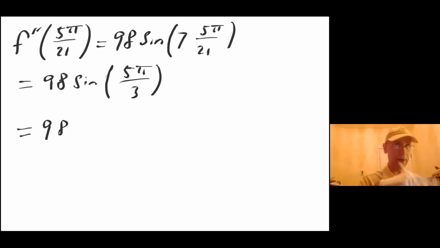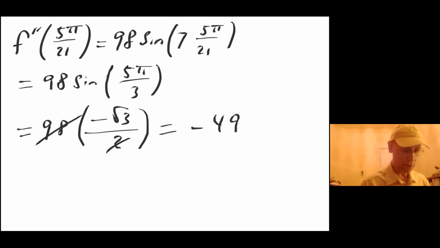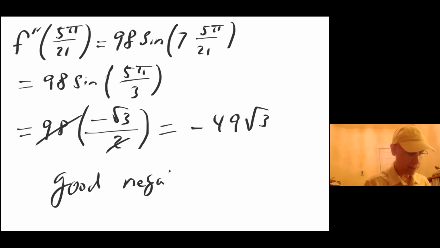Oh no, 5 pi over 3 is negative root 3 over 2. So 2 and 98 cancel out, and I have minus 49 root 3. Notice that the second derivative is negative, so it is concave down. It is pointing to the maximum. So good, negative, that's what I wanted.